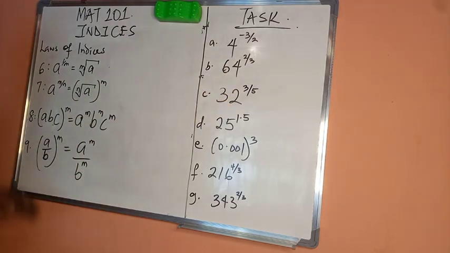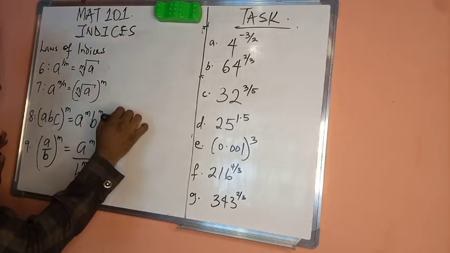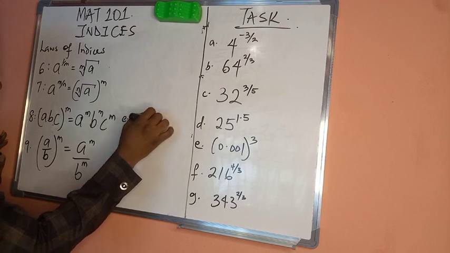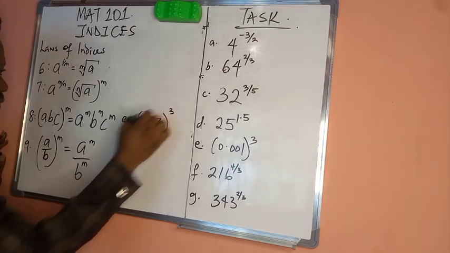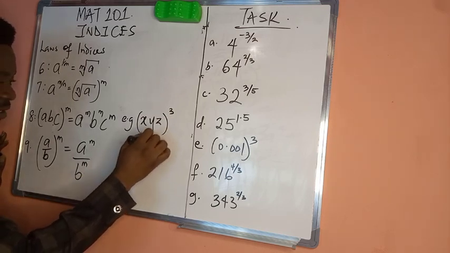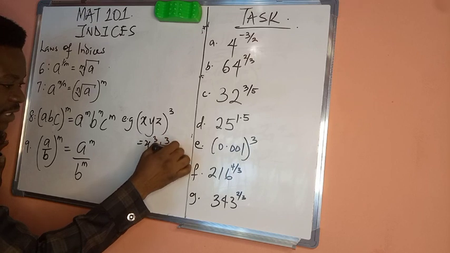The next law is the product power law. You can have an example this way. Suppose we have x, y, z raised to power 3. This is simply x cubed, y cubed, z cubed.